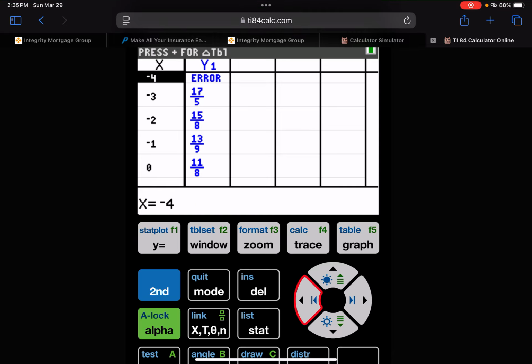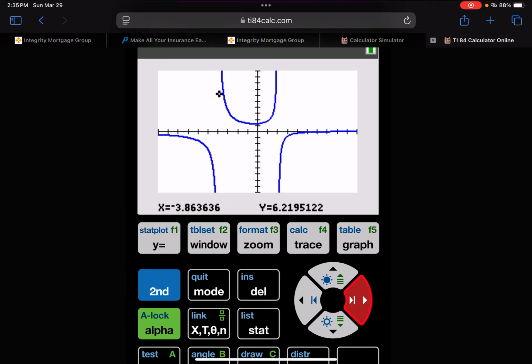It's undefined there. And then if I go over to +2, again, we have another vertical asymptote where our graph will never touch +2.